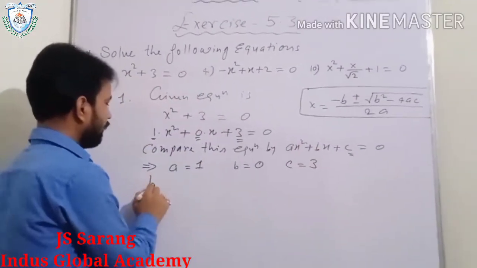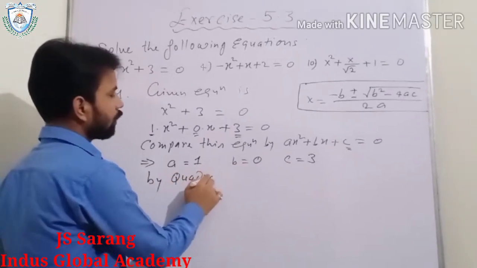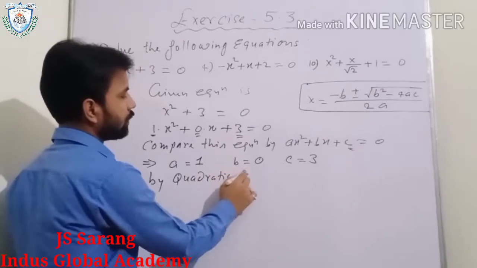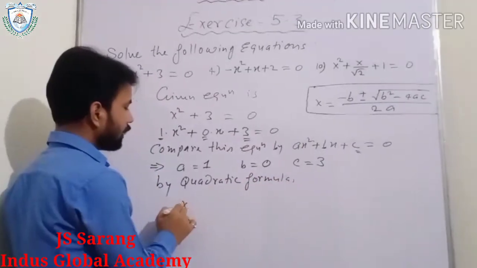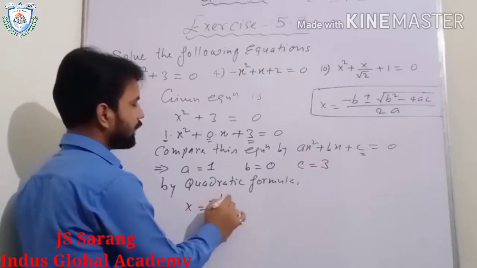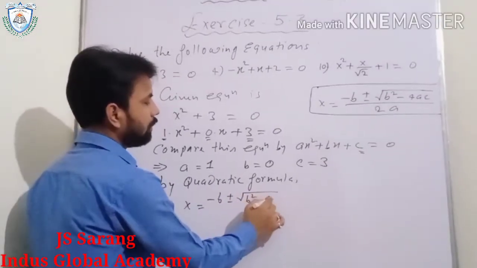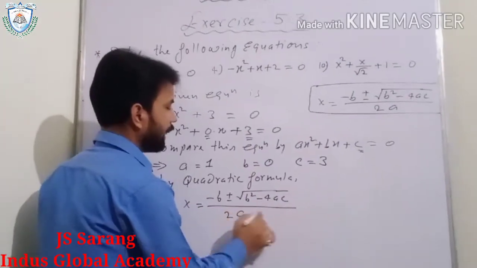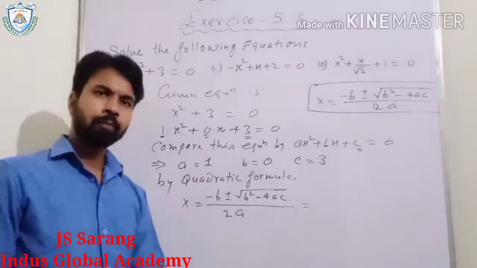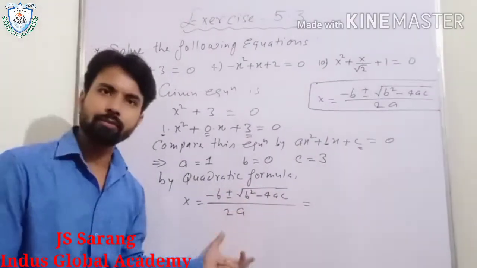Now we will use the quadratic formula. What is the quadratic formula? X equal to minus b plus minus under root b square minus 4ac upon 2a. Clear? Now we have to substitute the values of a, b and c in this formula.